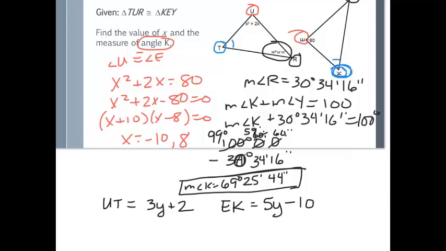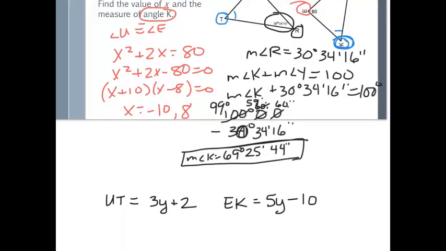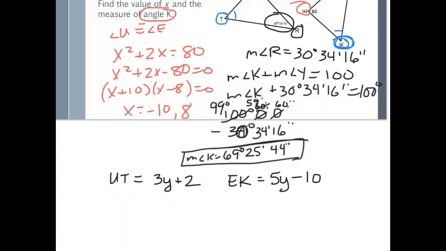Well, again, looking up here, UT and EK are corresponding sides. So because we know these triangles are congruent, we know that UT and EK must be equal to each other. So we could set these two expressions equal to each other and solve. 12 is equal to 2y, so y is equal to 6.